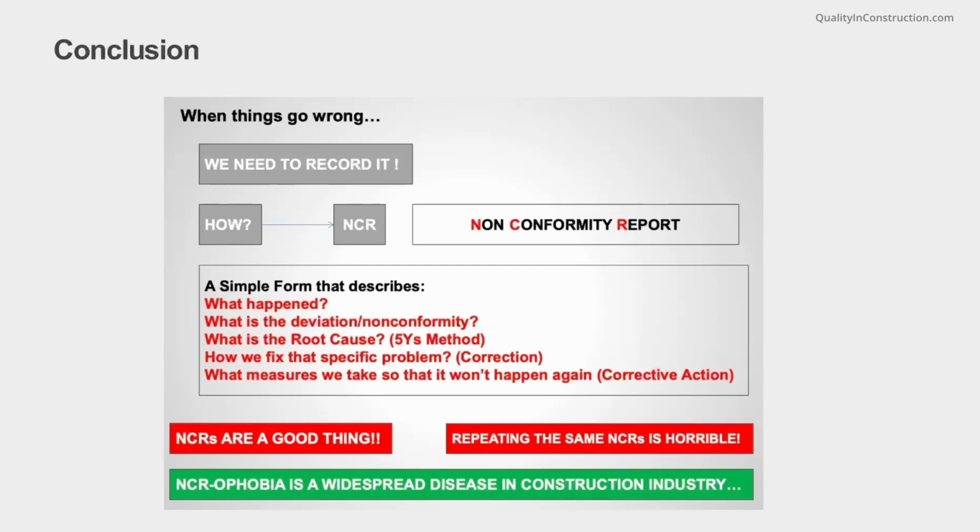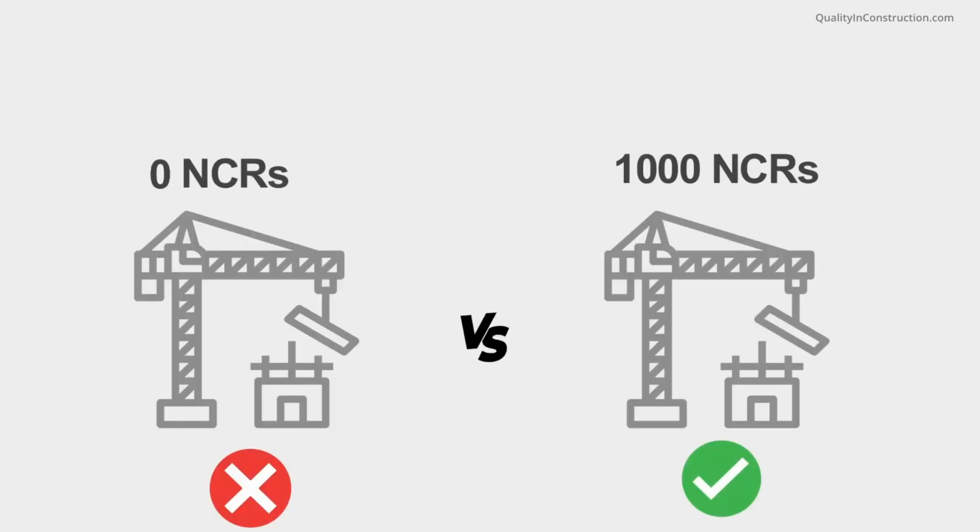It is also true that sometimes it can be a burden and create unnecessary friction between the different stakeholders of a construction project. However, I would personally trust a project with 1,000 NCRs for its quality more than a project with 0 NCRs. At least, in the former, it can easily be proved that someone did check that requirements have been met.